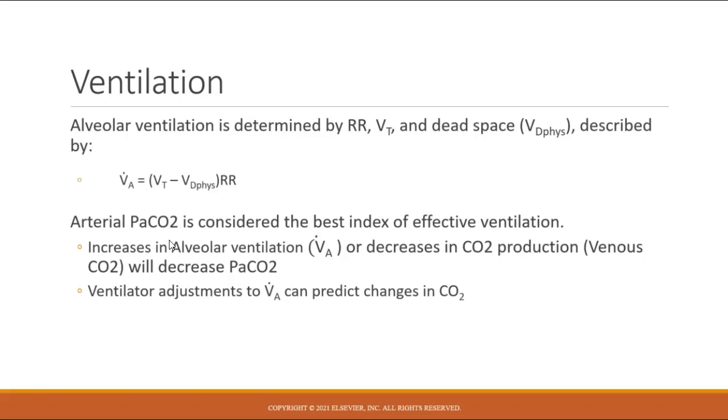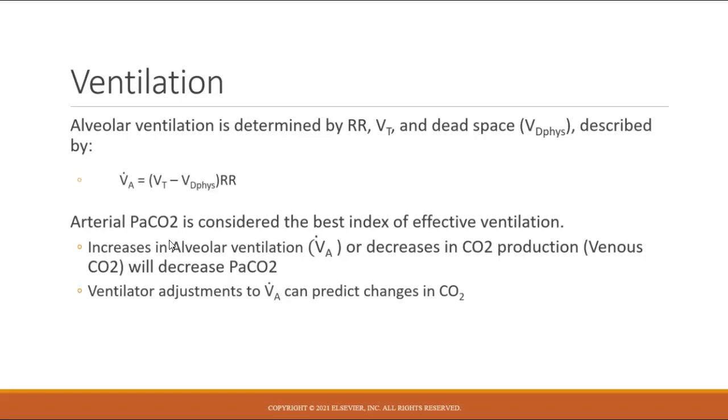So if I increase my alveolar ventilation, my PaCO2 should decrease. If my body produces less CO2, by managing their nutrition to limit their carbohydrates, then our bodies don't produce as much CO2, and that's going to decrease the amount of CO2 in my blood as well.